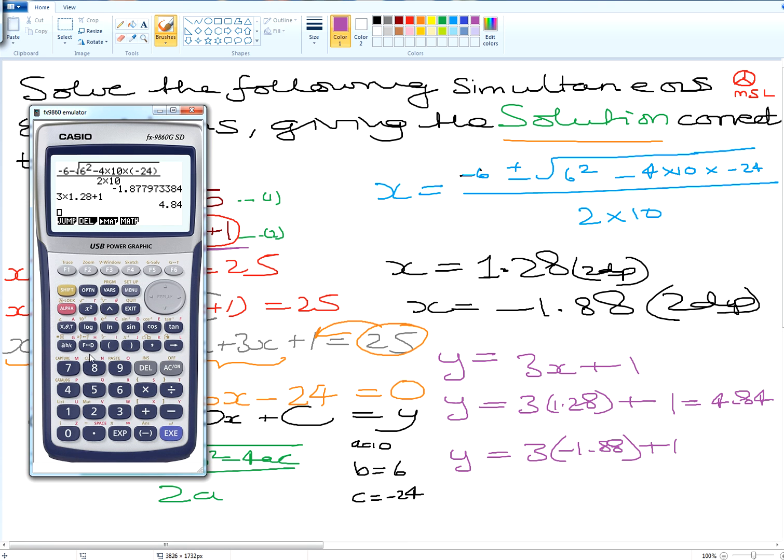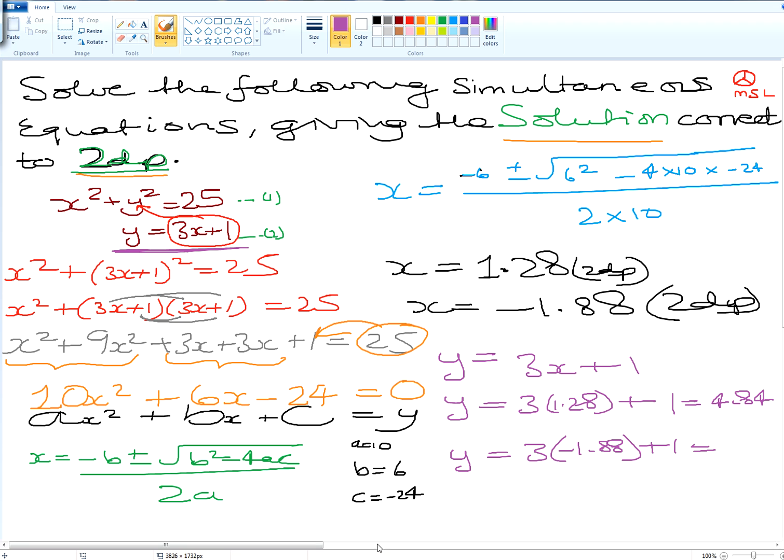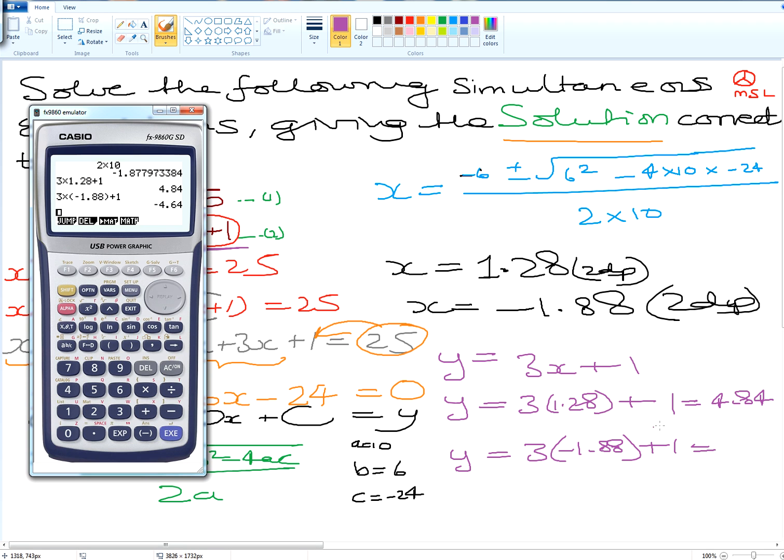Next one. 3 times by, I'm going to use a bracket here because I'm putting a minus in there, 1.88, close the bracket, plus 1. So what do we get now? What's the answer? Minus 4.64, I think.